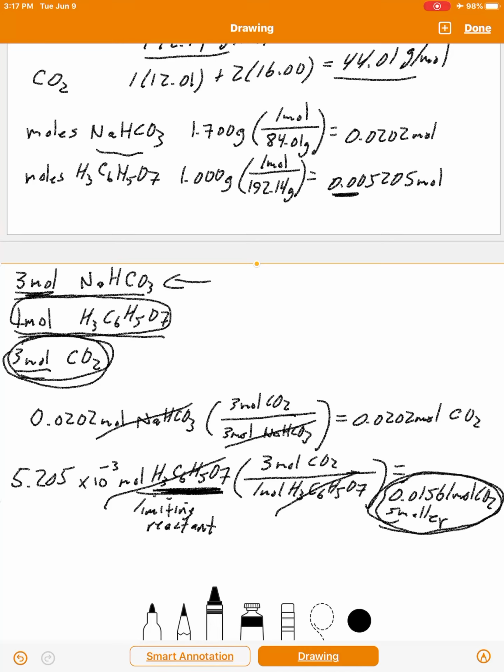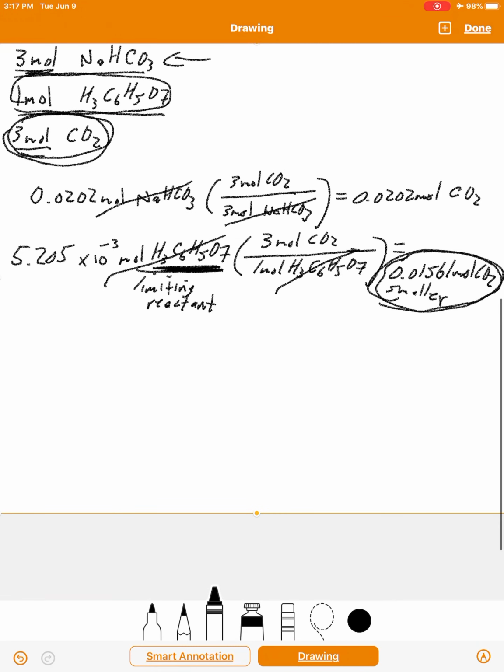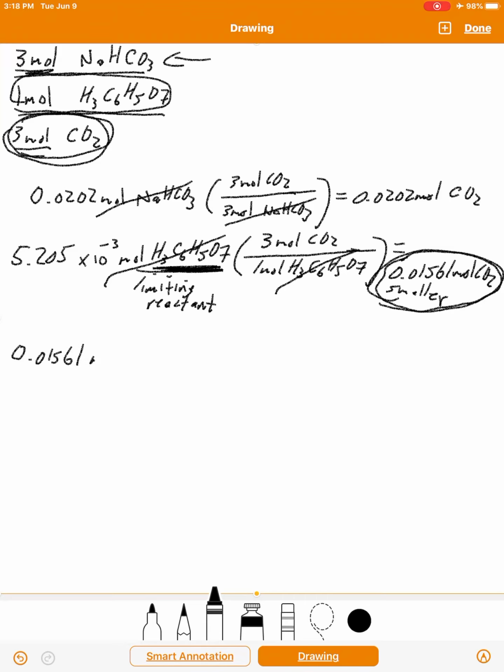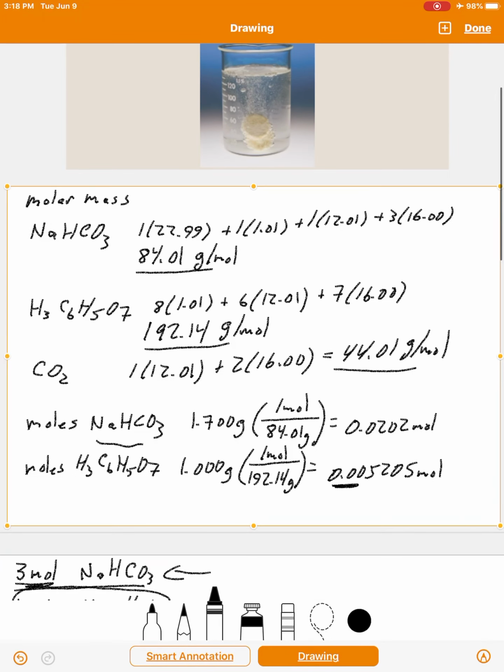Now they want to know the mass of the CO2, so I'm going to calculate that next. 0.01561 moles of CO2, and it's 44.01 grams per mole for CO2, right? We did that at the beginning, 44.01. That's all the way up here.